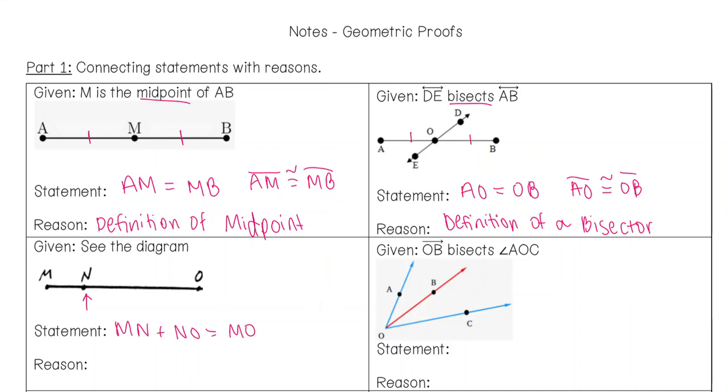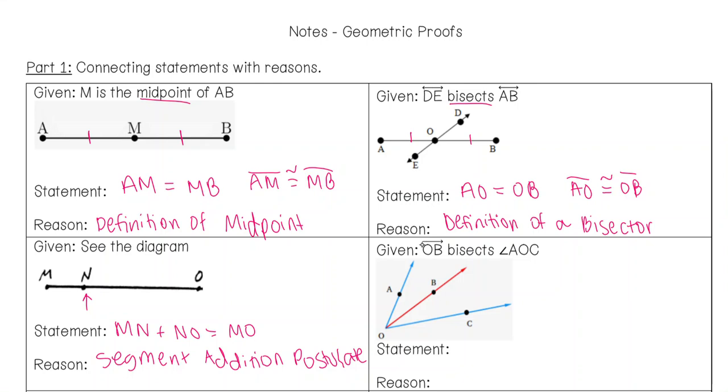And remember that that is from our segment addition postulate. So in that postulate, we learned that when a point is in between two endpoints of a segment, the two parts are going to add to make the entire segment. So I can cite, instead of a definition here, the segment addition postulate.